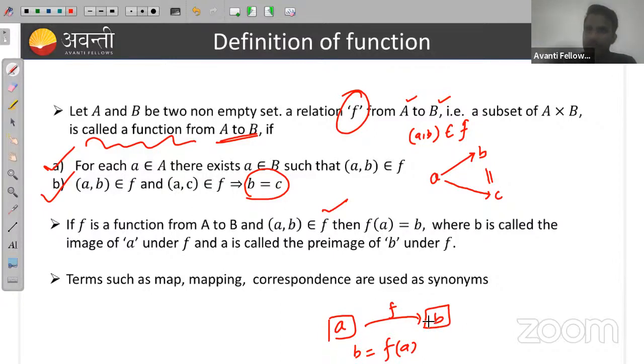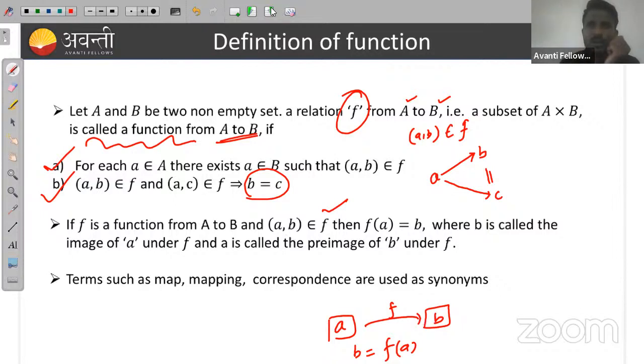With the help of F, we reached from a as input and got b as output. So we call b the image of a under F, and a is called the pre-image. Similarly, vice versa: if b is the image of a, then definitely a will be the pre-image of b. Sometimes we use different words for the word function, such as map, mapping, and correspondence, as synonymous words for function.